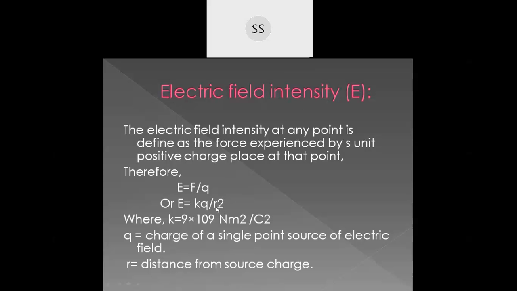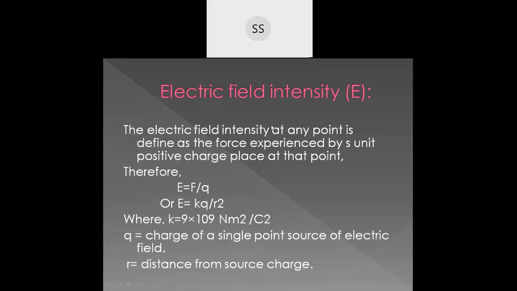When we bring the charge near the source charge, it will be highly repelled. If we put the charge at some distance, the repulsion will be a little lower than the first one. So the amount of repulsion or attraction is basically the electric field intensity.